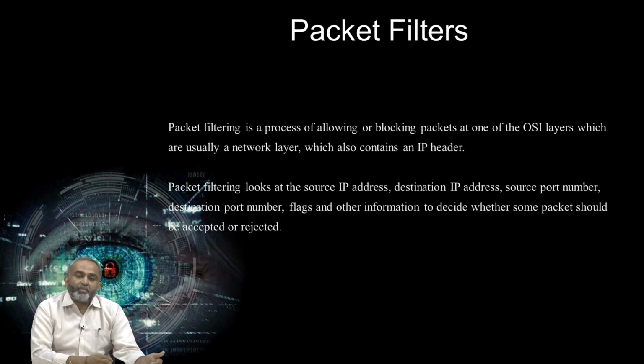Among the 7 layers the network layer is there, and the network layer is responsible for the identification of sender as well as receiver. That means, the network layer is responsible to resolve the identity, and for that the IP header is used.